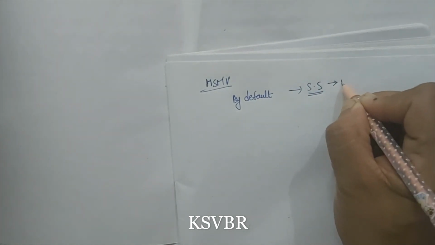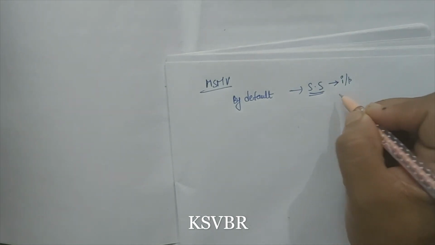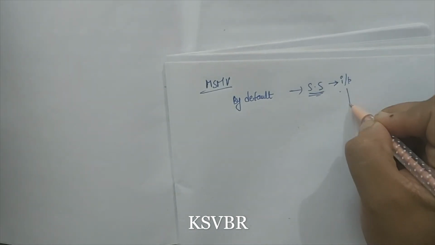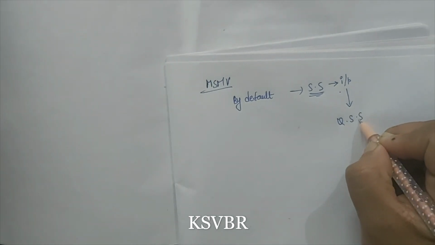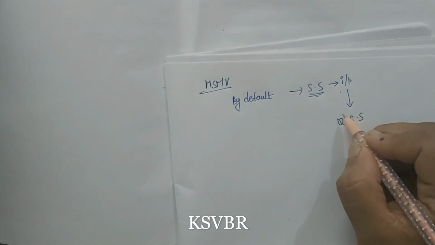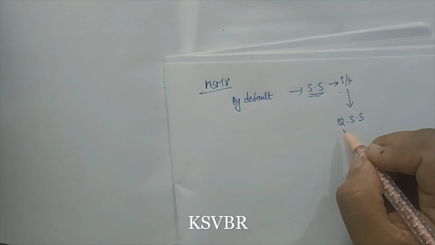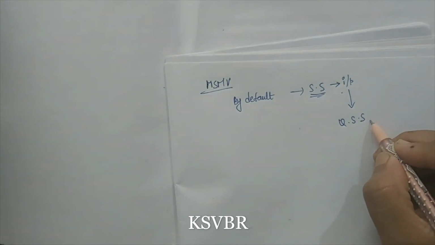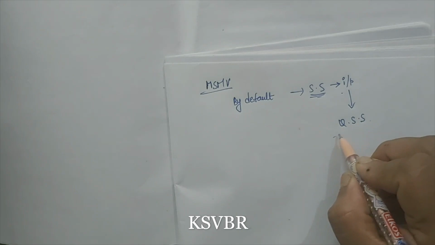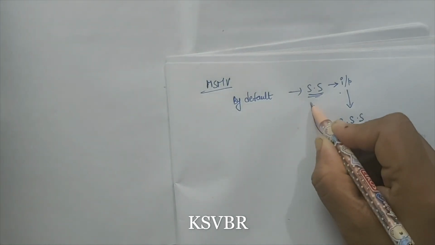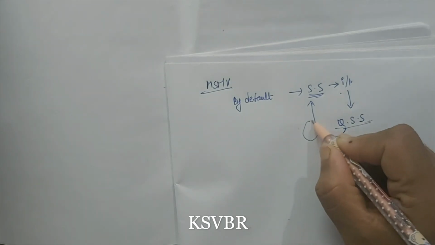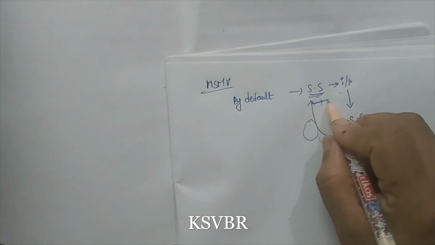Whenever we apply an external input to this, it will move to the quasi-stable state. And this quasi-stable state is not permanent. After the capacitor discharges completely in the quasi-stable state, again automatically without any input signal it will go to the stable state.